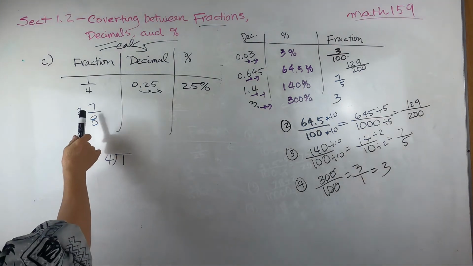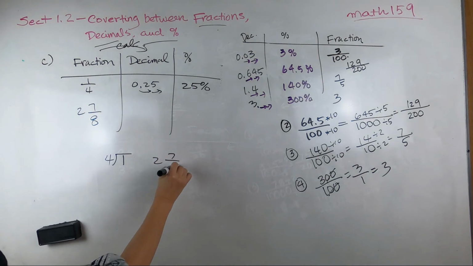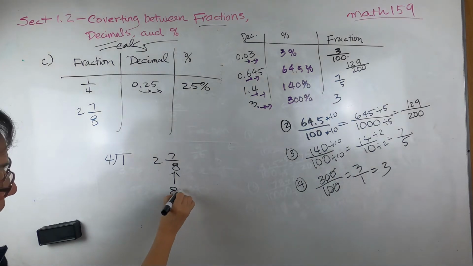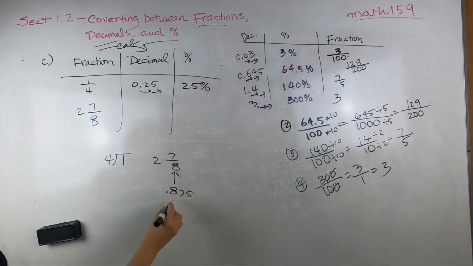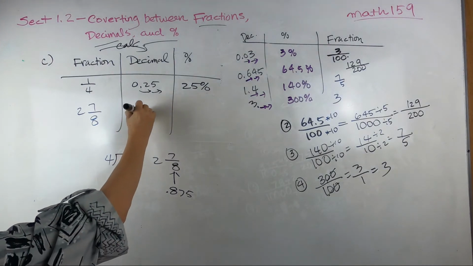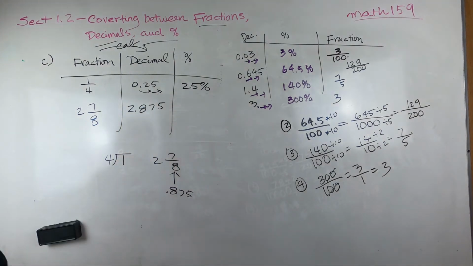Okay, 2 and 7/8. You use the calculator, 7 divided by 8. What do you have? 0.875. Then add the 2 in front of it, so your answer should be 2.875. Right?